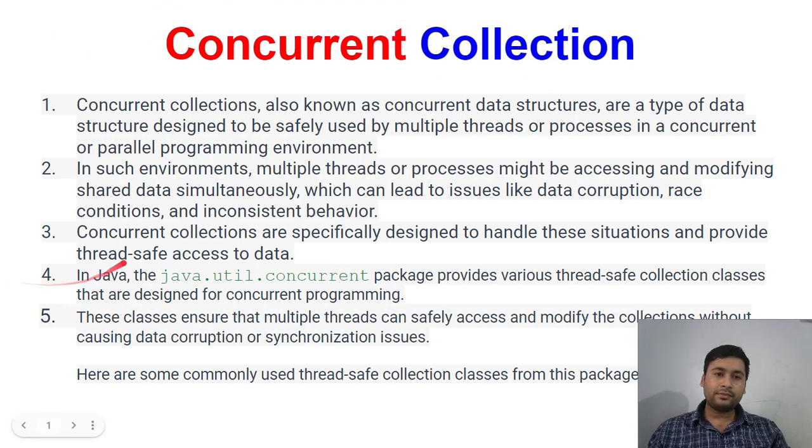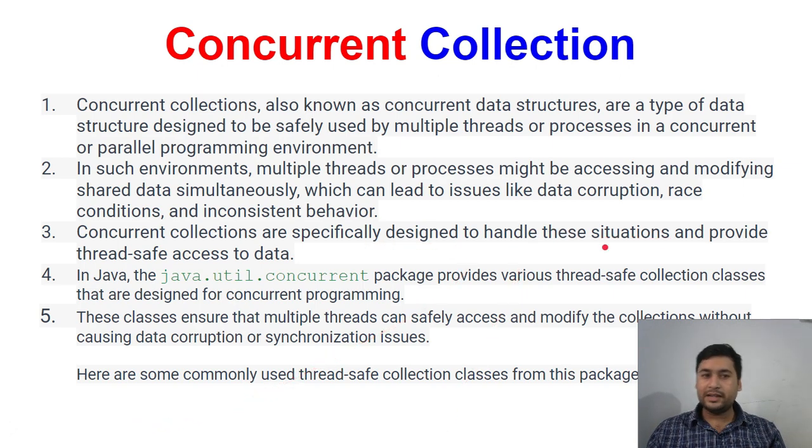In a multiple thread environment, threads or processes might be accessing or modifying the shared data simultaneously, which can lead to issues like data corruption, race conditions, and inconsistent behavior in our existing collections. But concurrent collections are specifically designed to handle those situations.